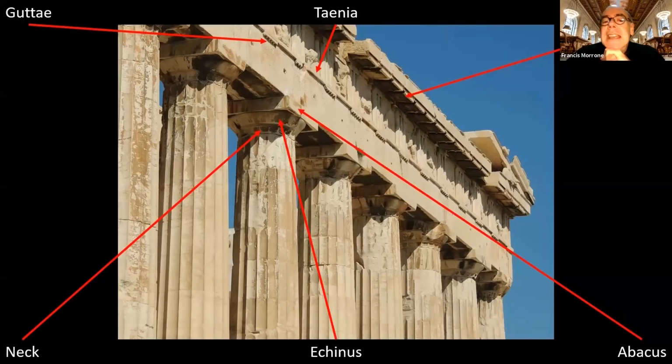But you see these little peg-like forms that are called guttae, the plural, gutta being the singular, and then in between them, the narrow horizontal band, which we call taenia, and then the rectangular or square blocks under the cornice are called mutules.